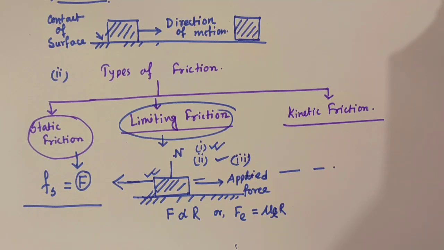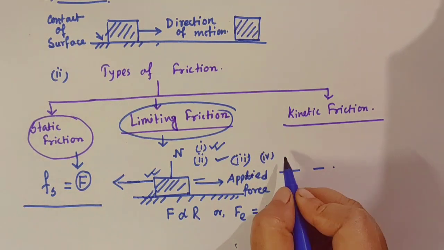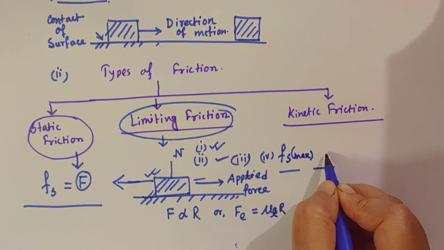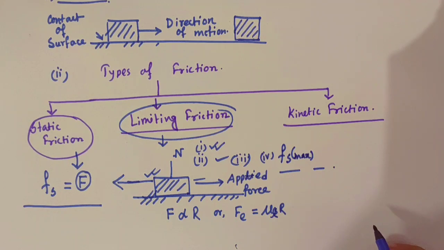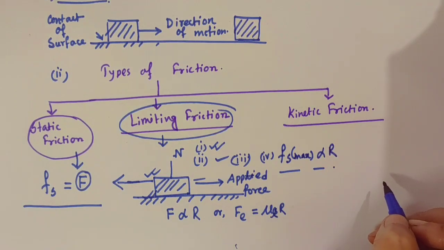Number 3, the value of limiting friction is independent of the area of the surface in contact so long as the normal reaction remains the same. Number 4, the value of limiting static friction, that means Fs maximum, between two given surfaces is directly proportional to the normal reaction R between the two surfaces.